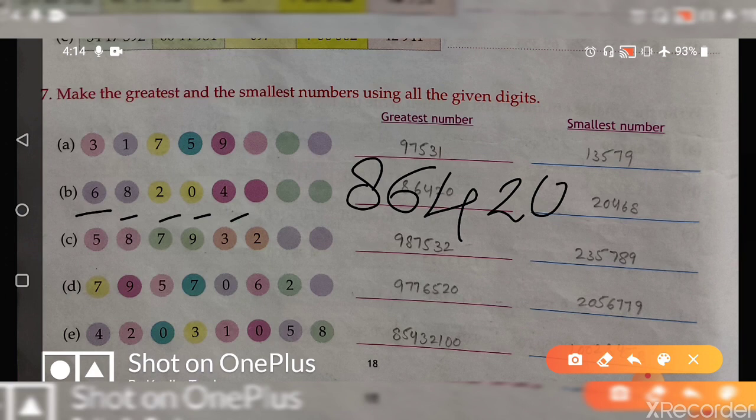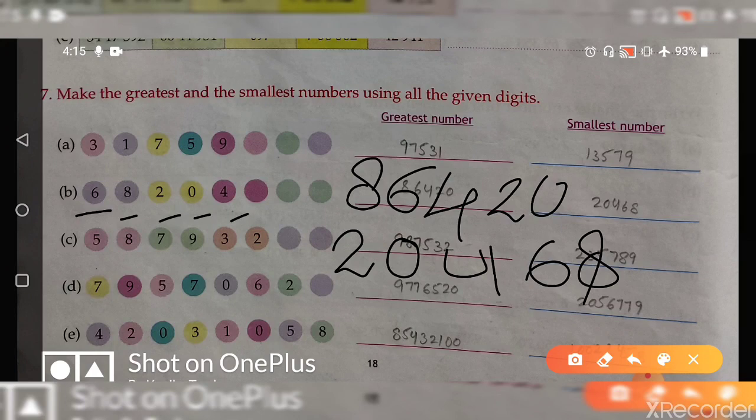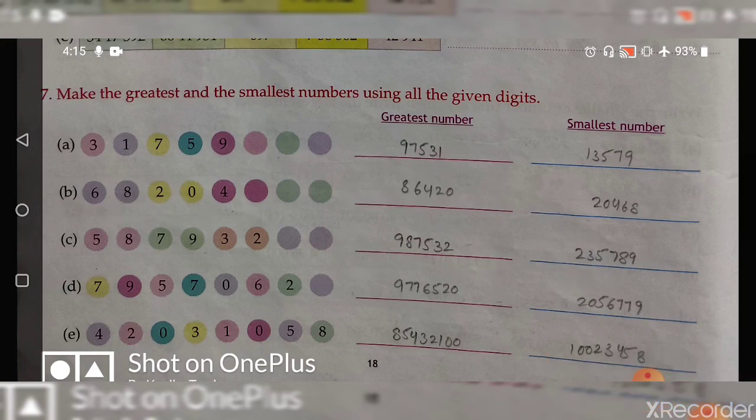And when you are writing the smallest number, put this 0 at second place and the smallest number before 0. So 2 is the smallest number here. 2 0 4 6 and 8.